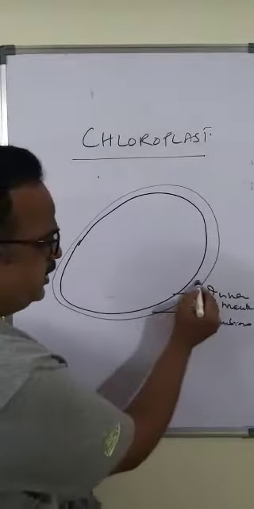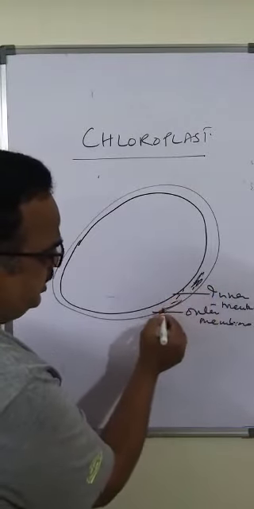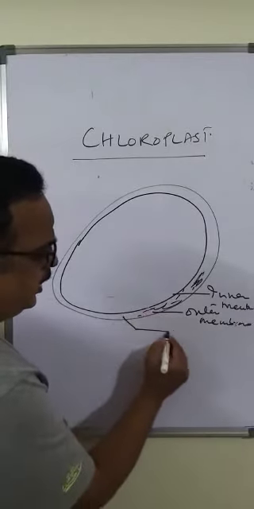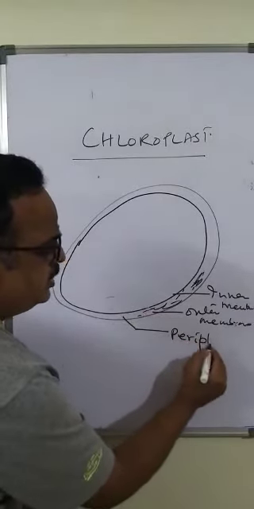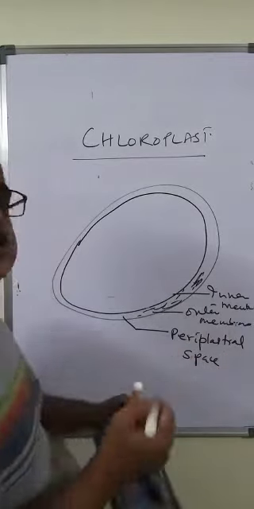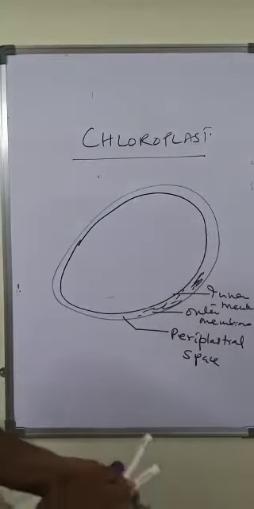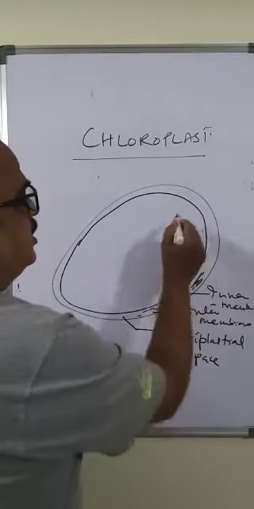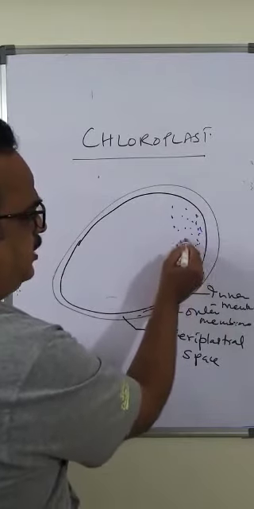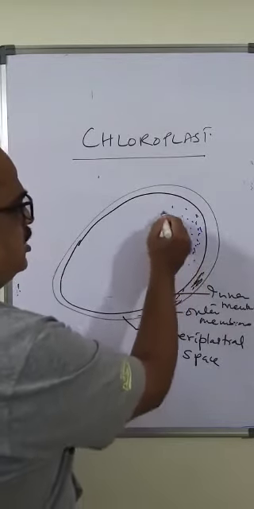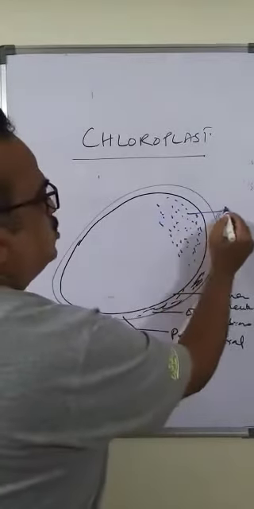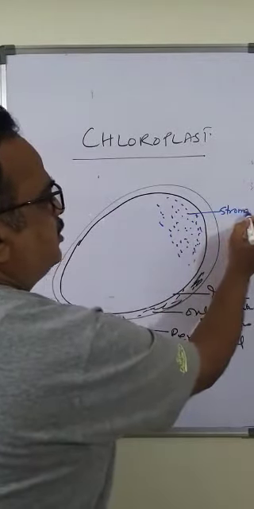The space present between the outer and inner membrane is known as periplastidial space. Inside the chloroplast, the liquid matrix present is known as stroma.